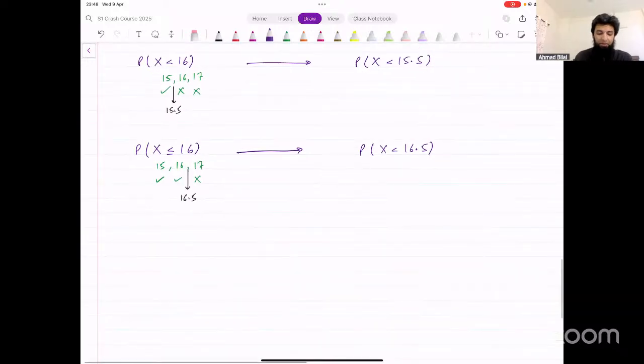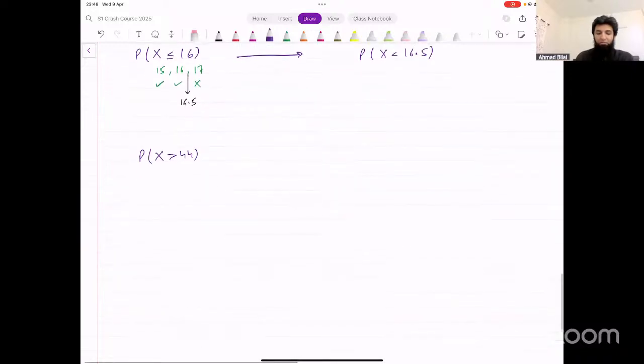Let's take another example. Let's say you had probability of x greater than 44. How would you think of this? Write down the number 44. Write down one number less than that, one number more than that. Now, greater than 44. Which of these numbers satisfy this condition? Is 43 greater than 44?